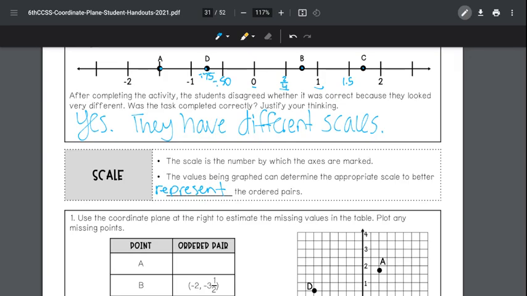Let's say that we sold 500 tickets. Well, you wouldn't make a graph counting by ones all the way up to 500. You would maybe make a graph counting by 50s or 100s so that we could see everything in a nice small graph. Okay, so that's kind of what we're looking at.